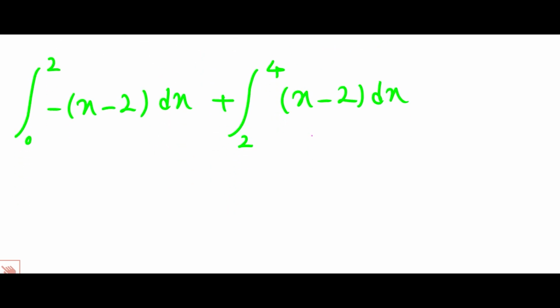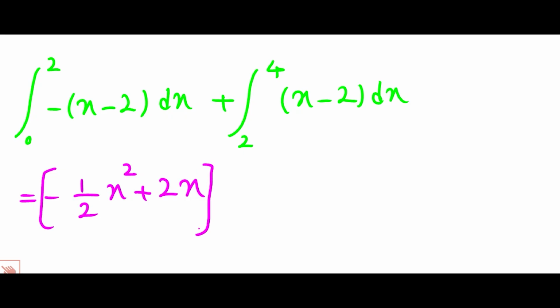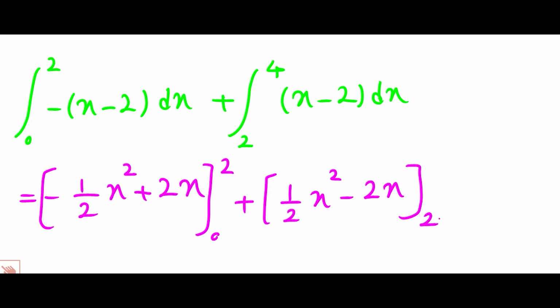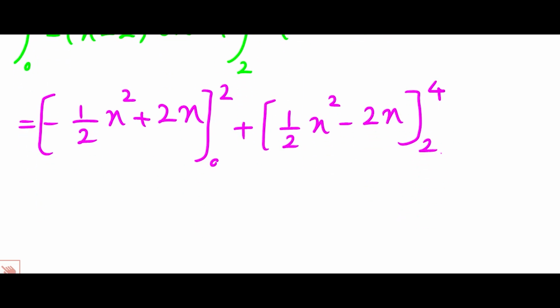So we have the integral of negative x minus 2 is negative 1/2 x squared, and the integral of negative times -2 is positive 2x from 0 to 2, plus the integral of x is 1/2 x squared minus 2x from 2 to 4, right?